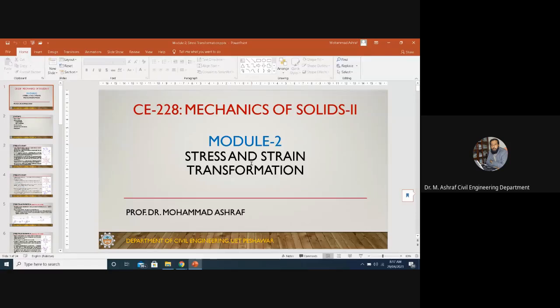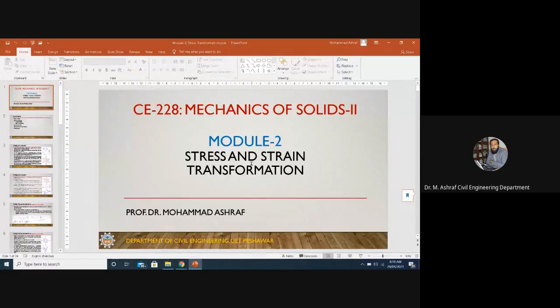So if one axial force and one bending moment, or two bending moments are acting on a body, that case was related to unsymmetrical bending.